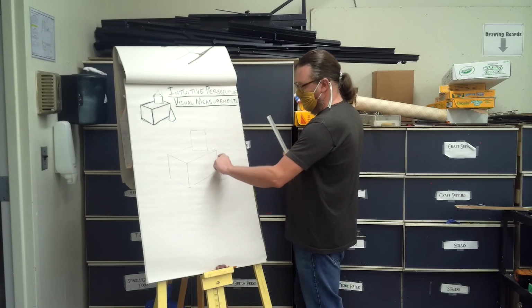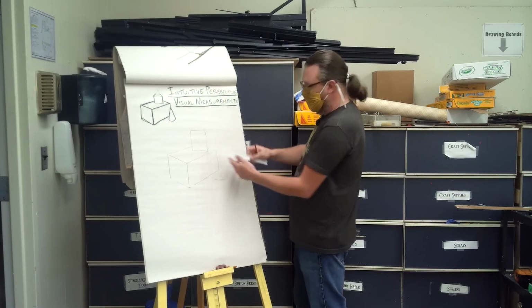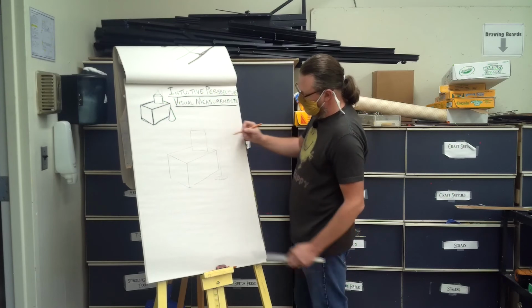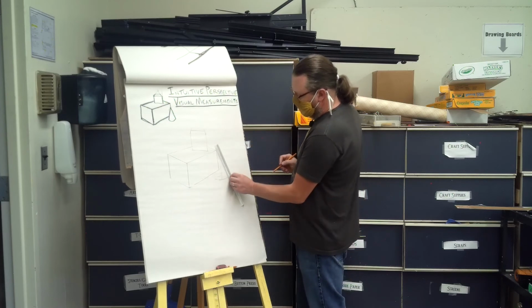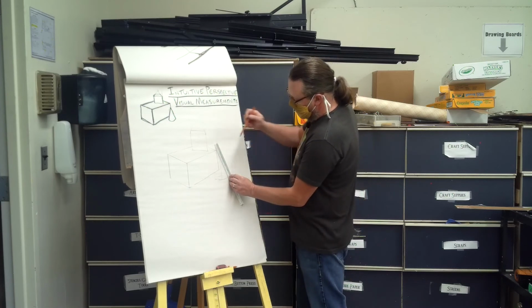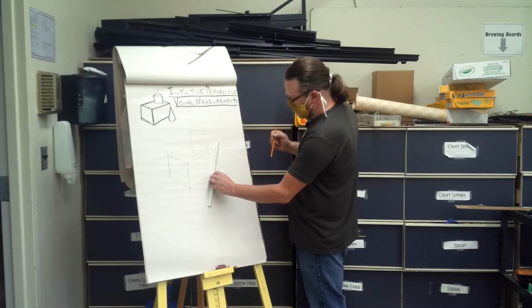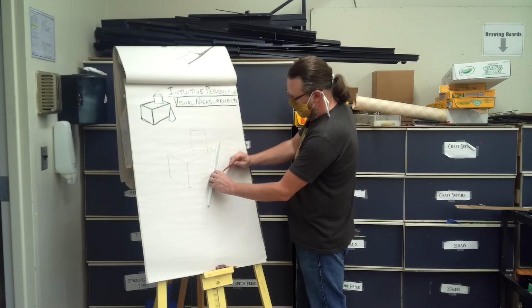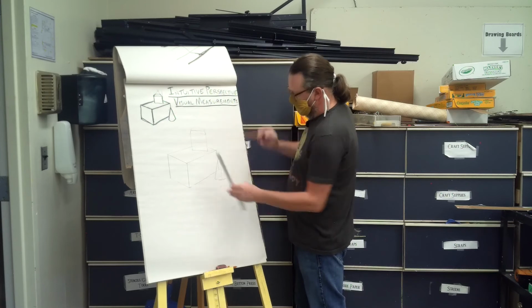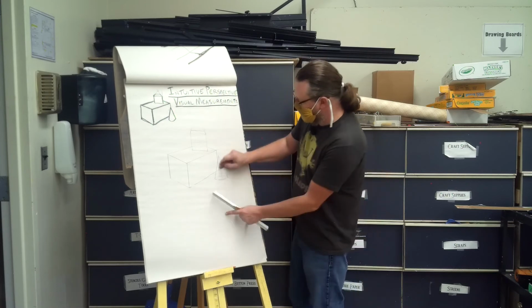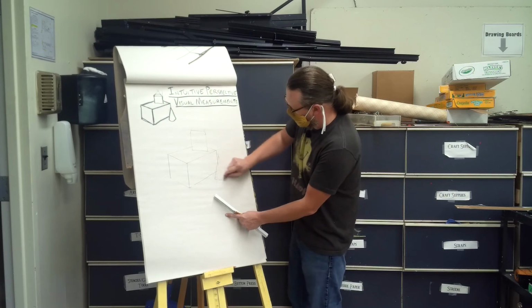There's 1. There's 2. Comes to about right there. And then you know how to finish off a cone at this point. And then I'm erasing out these lines I don't need.